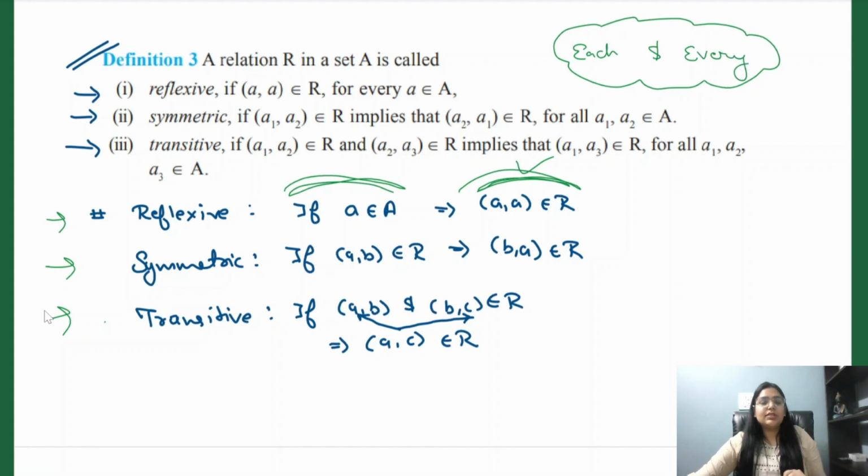What it means is that if we want to prove a relation is not reflexive, not transitive, not symmetric, even one example is enough. But if we want to prove it is symmetric or transitive, we need to prove it for every single element.